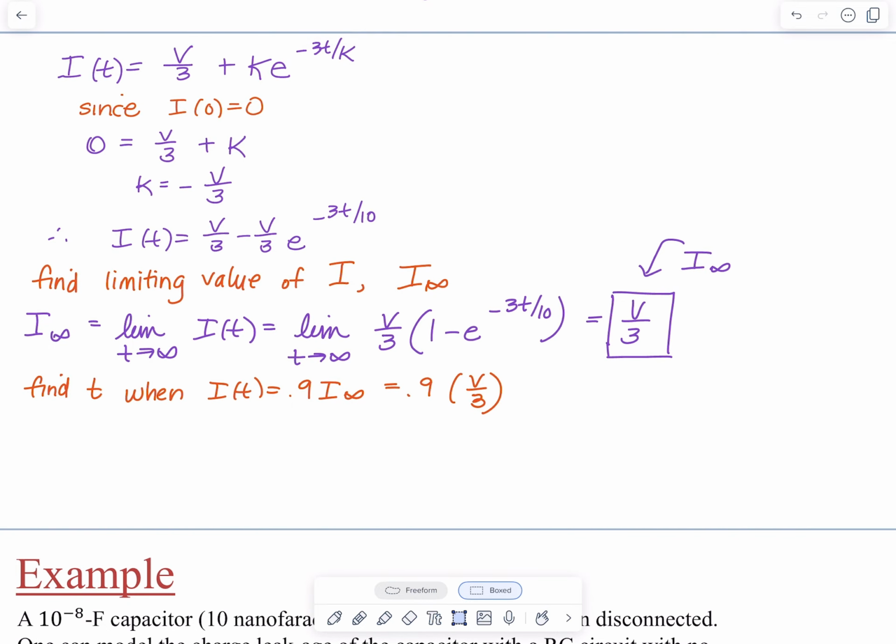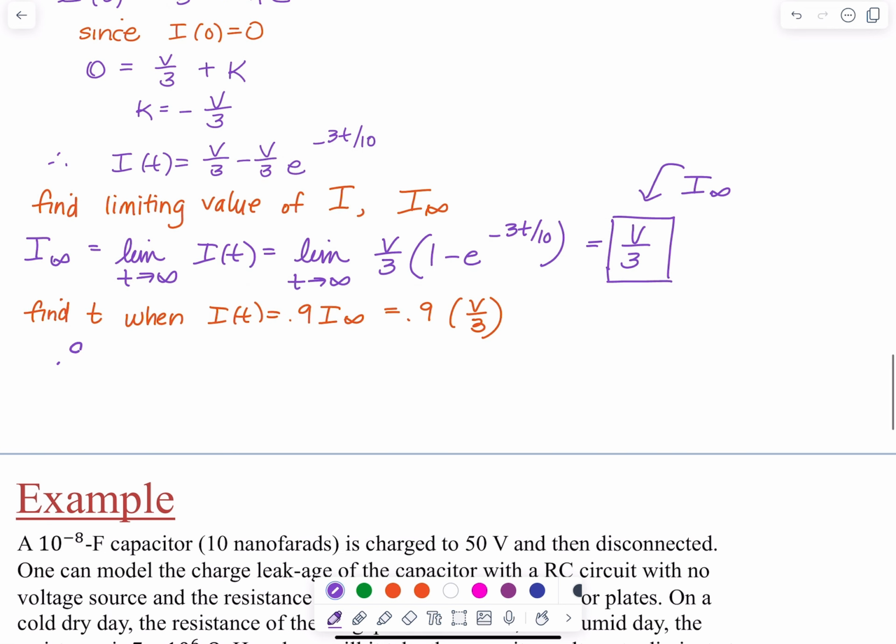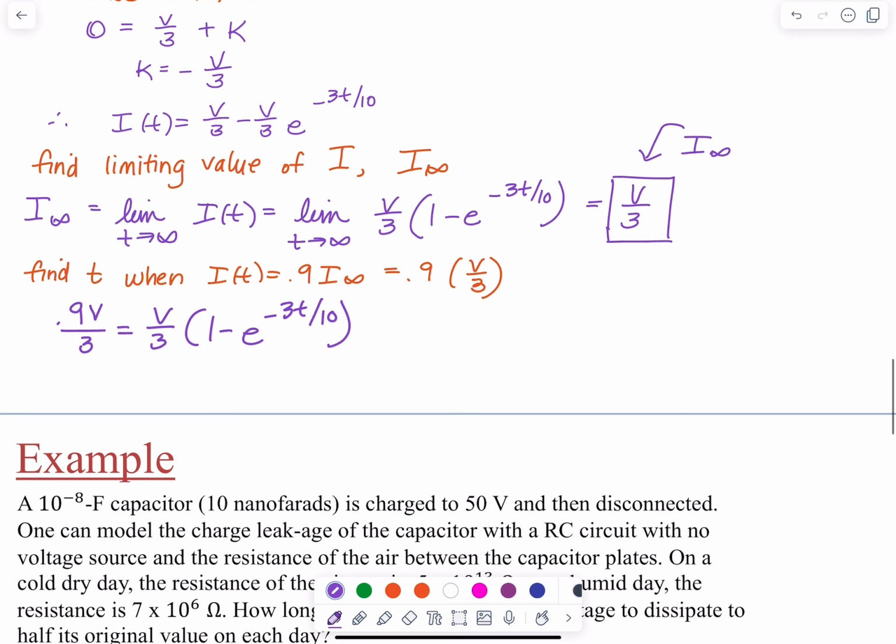And it's okay because I can use that next line. So we have 0.9 times v over 3 is equal to v over 3 times 1 minus e to the negative 3t over 10. So we have e to the negative 3t over 10 is equal to 0.1.